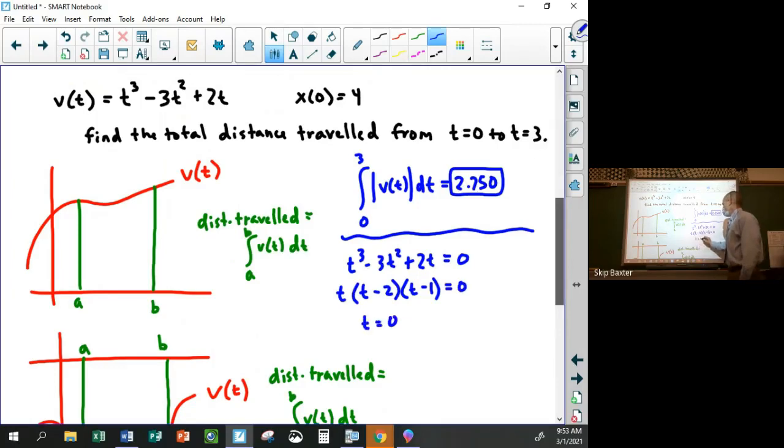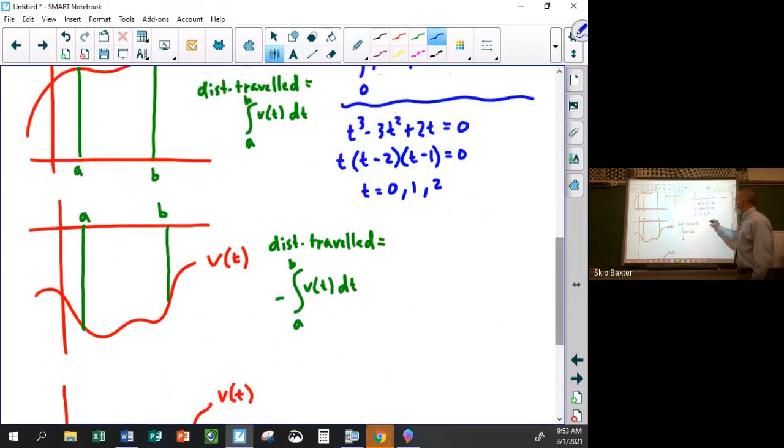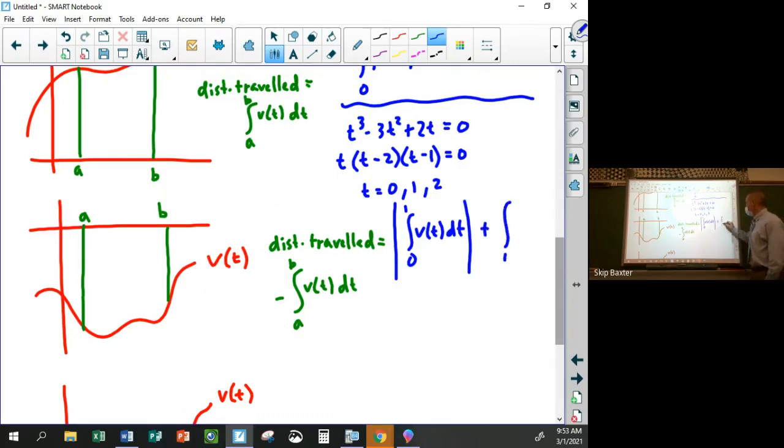So t equals 0, 1, and 2. And then take separate integrals. Take the absolute value of the integral from 0 to 1 of v of t, plus the integral from 1 to 2 of v of t dt.